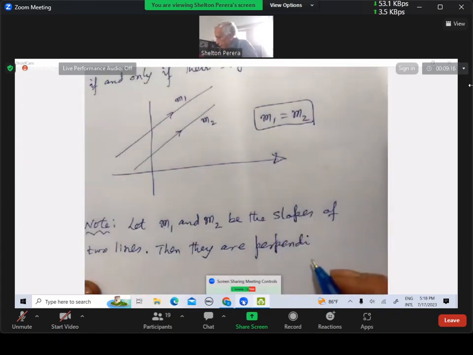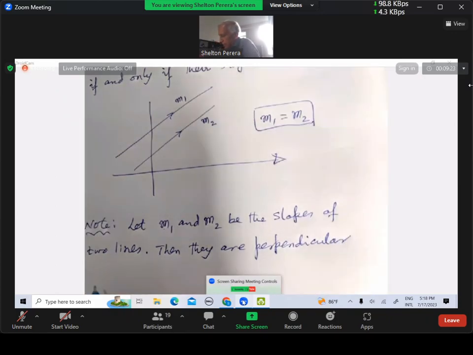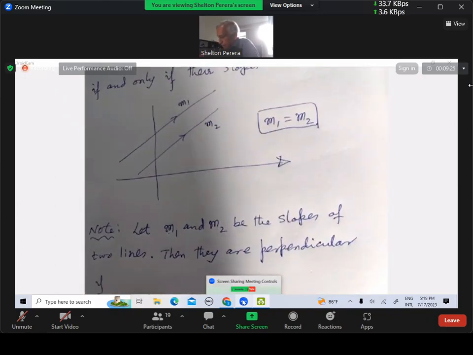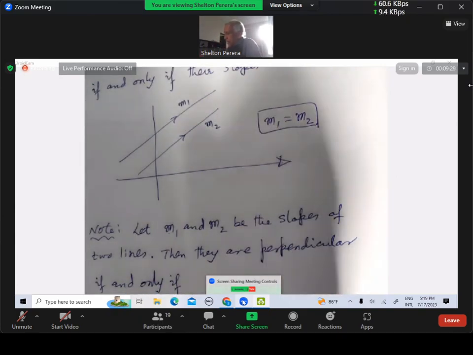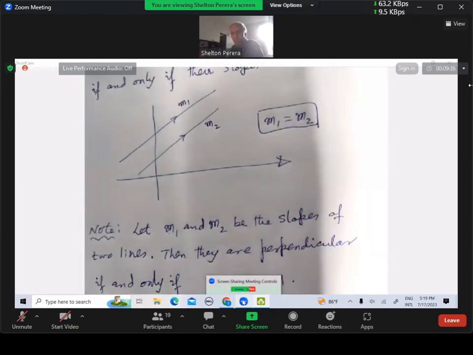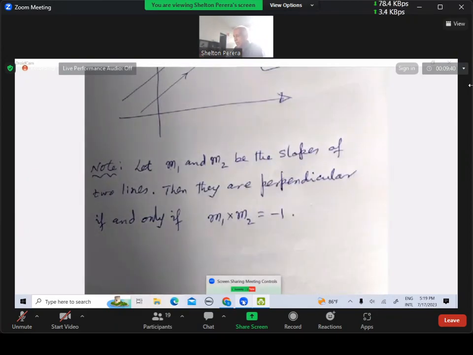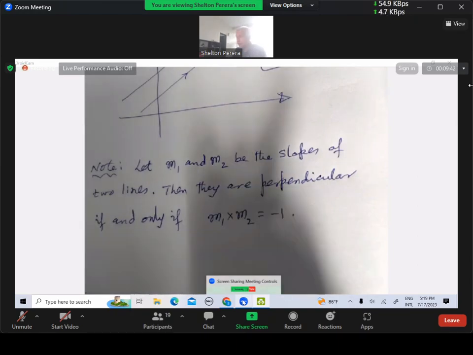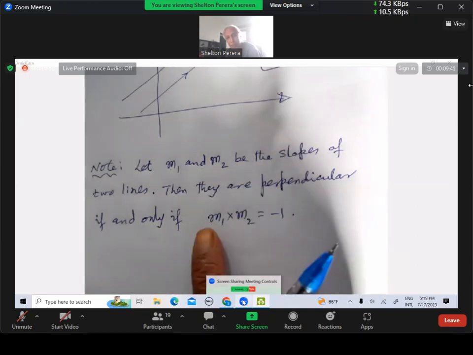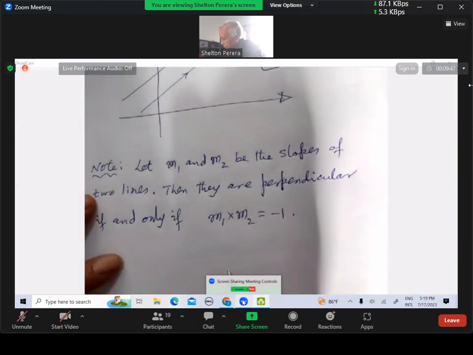Then they are perpendicular if and only if M1 times M2 is equal to -1. One slope is the negative reciprocal of the other. You just know it this way. Product of the slopes should be equal to -1.